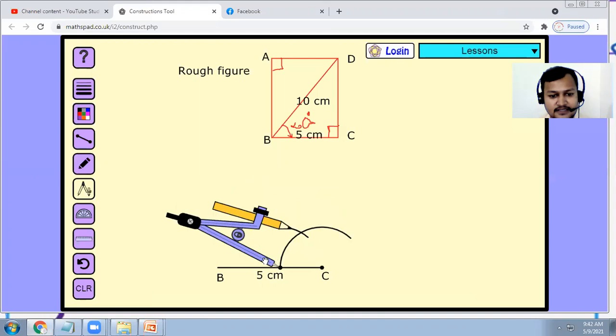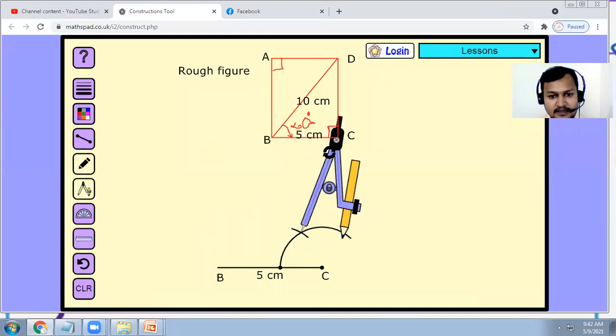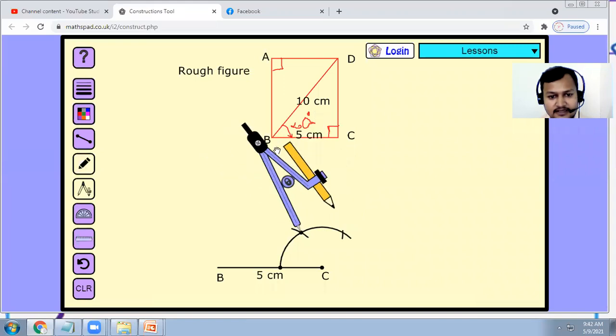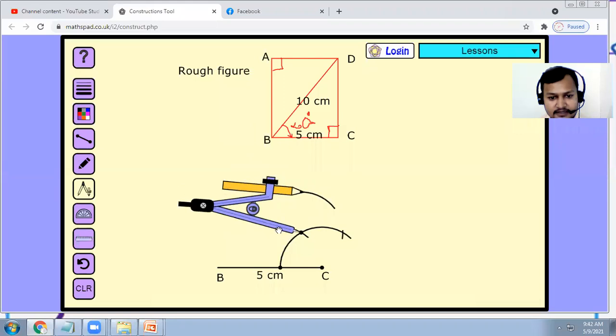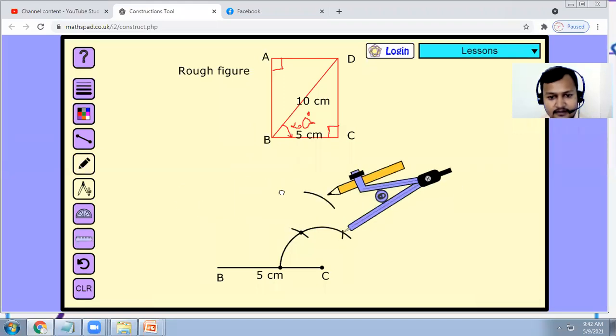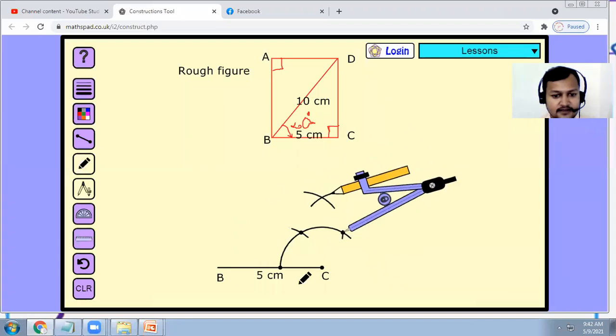First draw 60 degree, then draw 120 degree, and bisector of 60 as well as 120 is 90 degree. So we have to cut arcs upward from 60 as well as from 120 to get 90 degree.